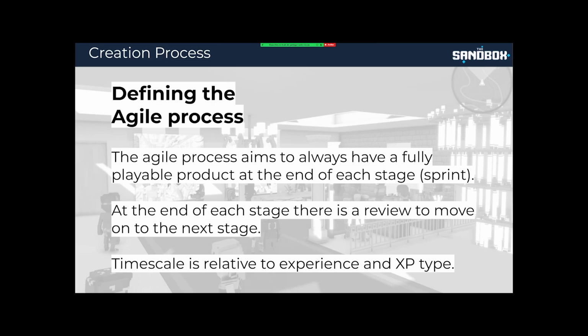Basically, you want to break down your production into different chunks that we call sprints, which are defined by a specific amount of time every time, and those sprints are being reviewed in order to move forward to the next part of the creation process.